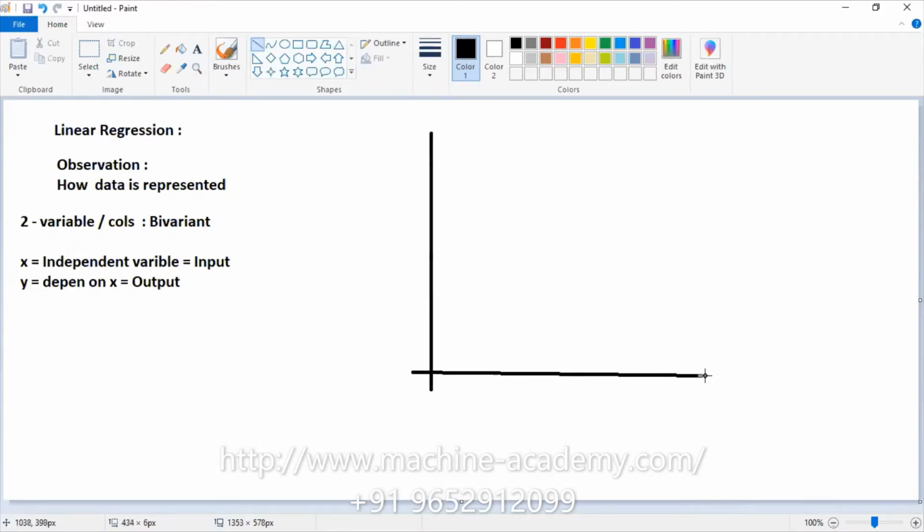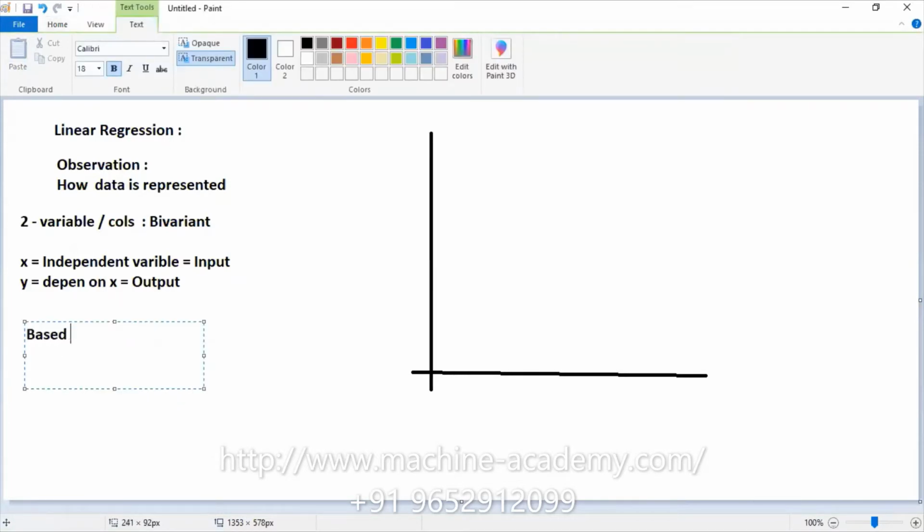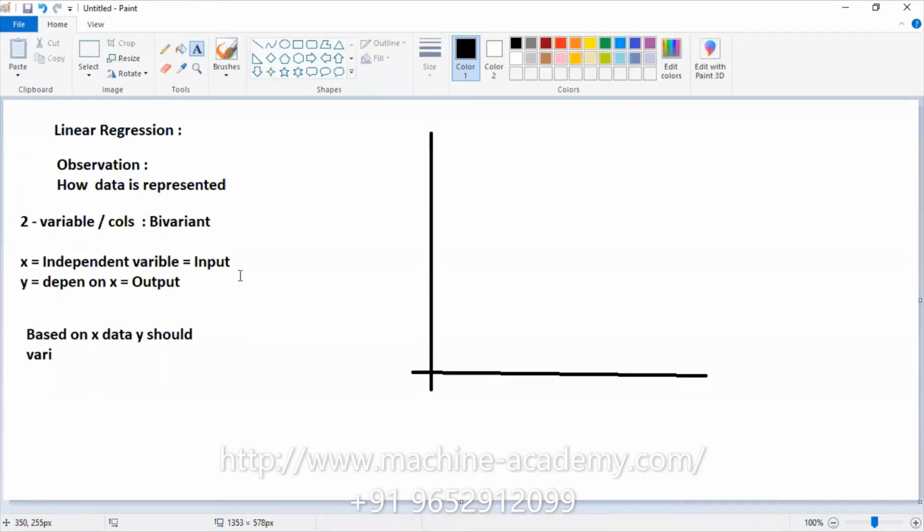Observe carefully. Based on the x data, y should vary. Whenever we call it variation, there may be an increment or a decrement. We can't say which.